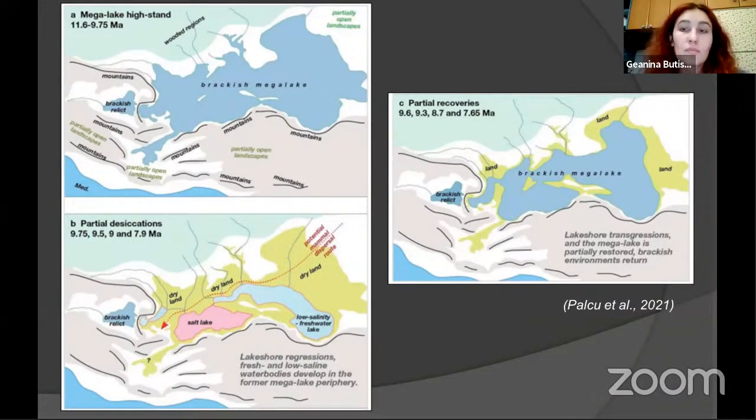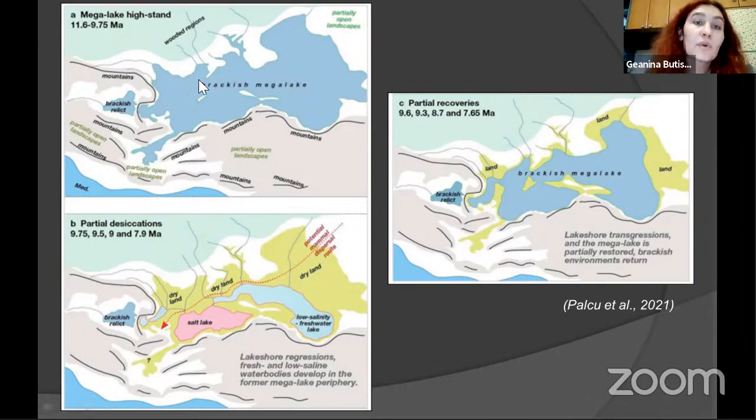A nice sketch made by Palco et al. in 2021. In the left panel up, we see how actually Paratethys changed its salinity from being a marine basin to pretty much a mega lake.